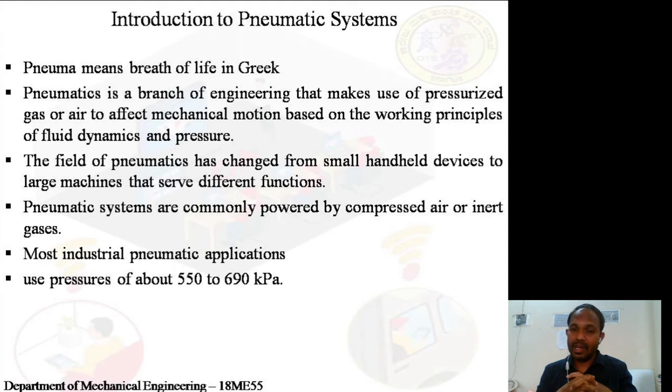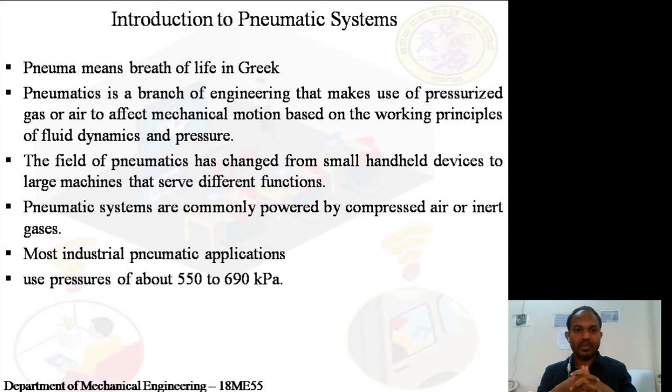Pneumatic systems are commonly powered by compressed air or inert gases. In most cases, 99% of the time, we go for air as the working medium, and this air we just take and compress it. And even, my dear friends, from a bicycle to a car, if you want to inflate the tubes, obviously we have to go for pneumatic systems or compressed air systems.